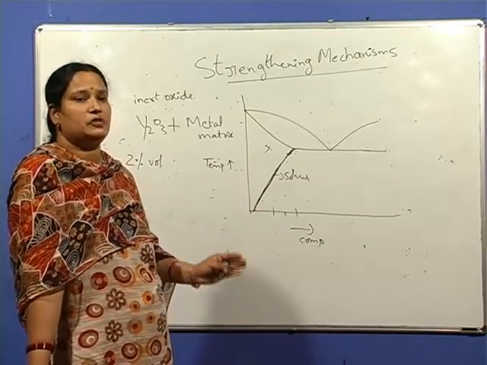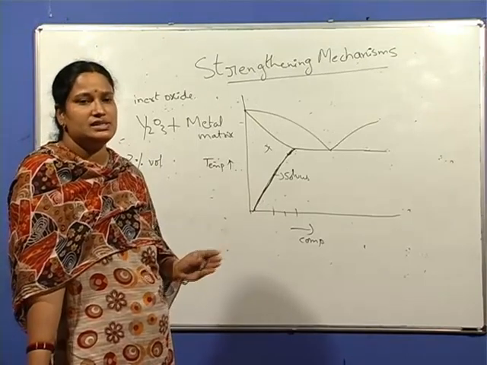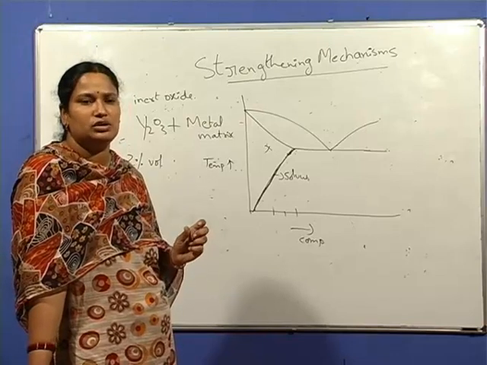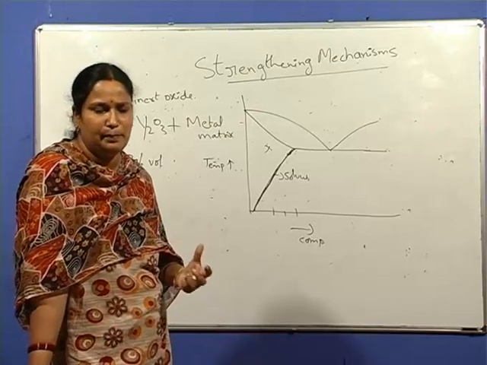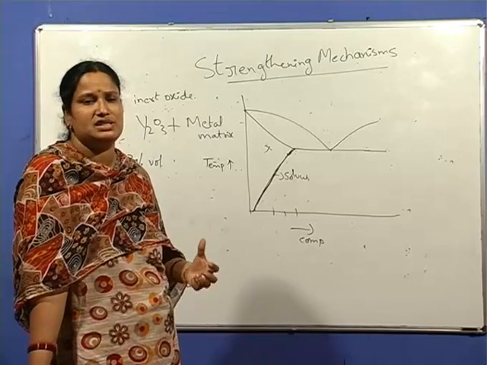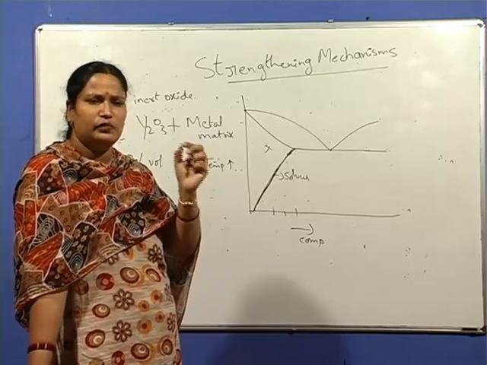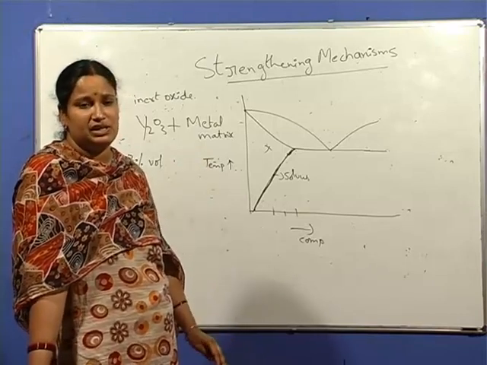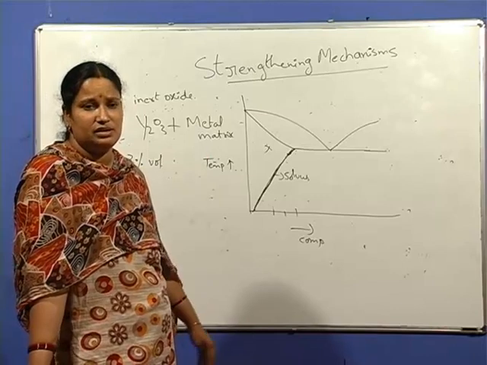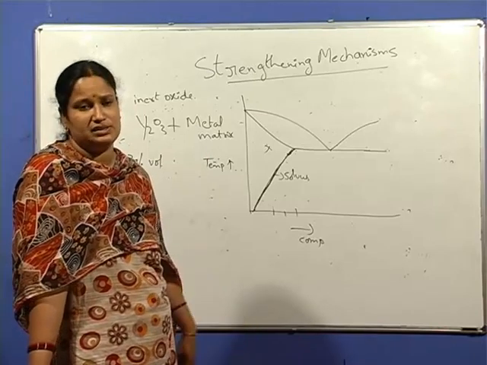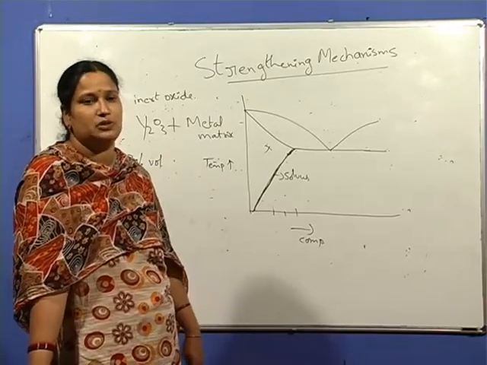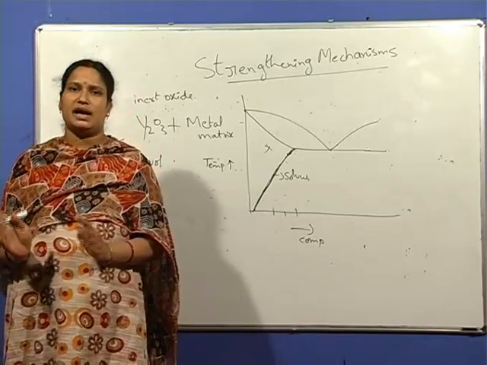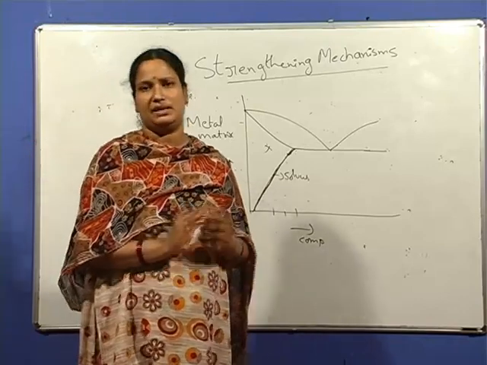But the one advantage of dispersion strengthening is that even at higher temperatures, the dispersoids do not coarsen, do not react with the matrix, and are not soluble in the matrix, and they undergo very little coarsening. Whereas the precipitates undergo coarsening at very high temperatures, thereby the strength drops down. So this is the main difference between dispersion strengthening and precipitation strengthening.